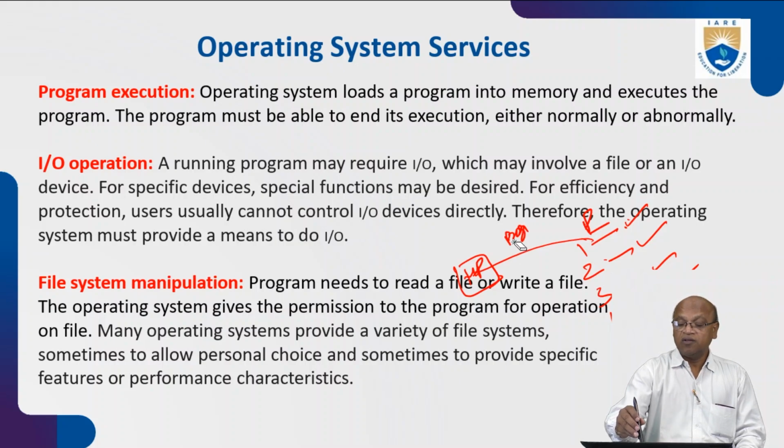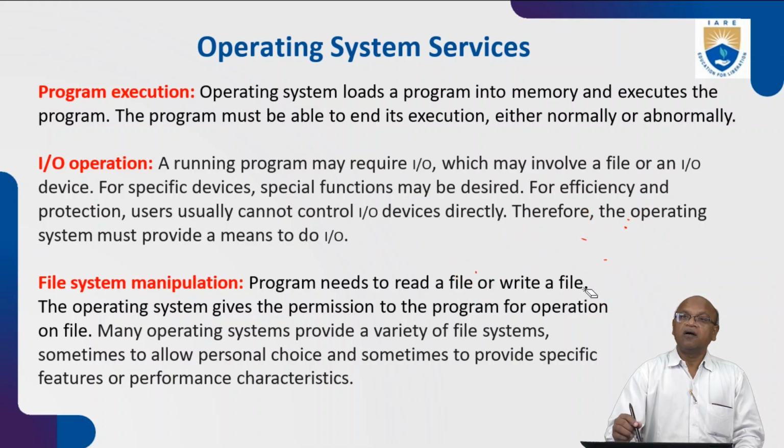So this is called program execution. Who does it? The OS does; only the OS gets this job done. The system loads a program into memory and executes the program. The program must be able to end its execution either normally or abnormally. So who is helping to execute this program?